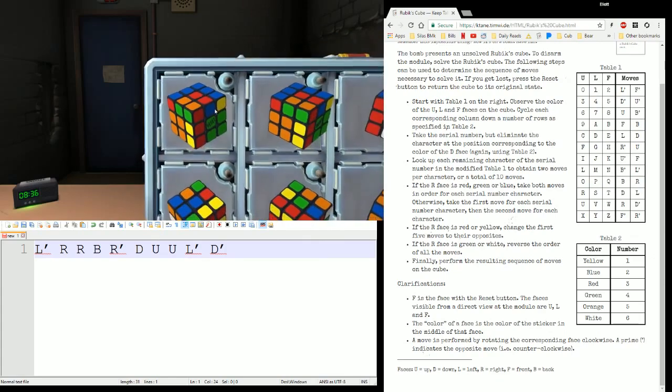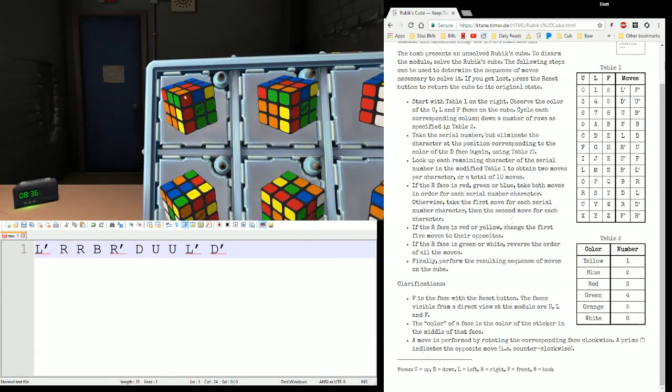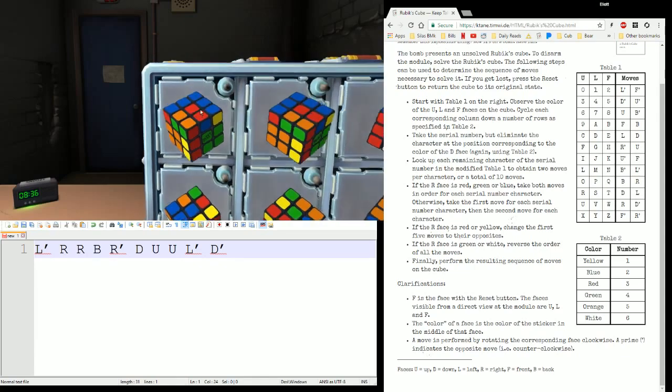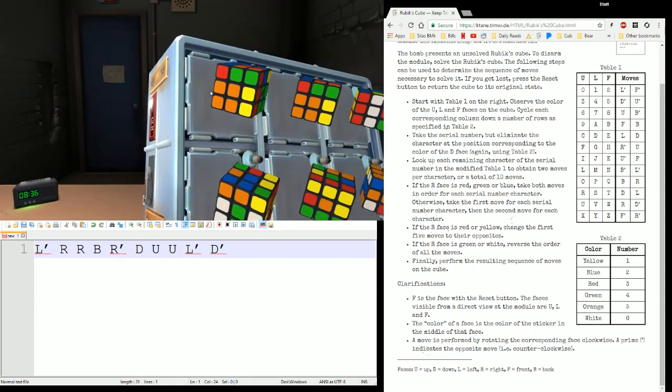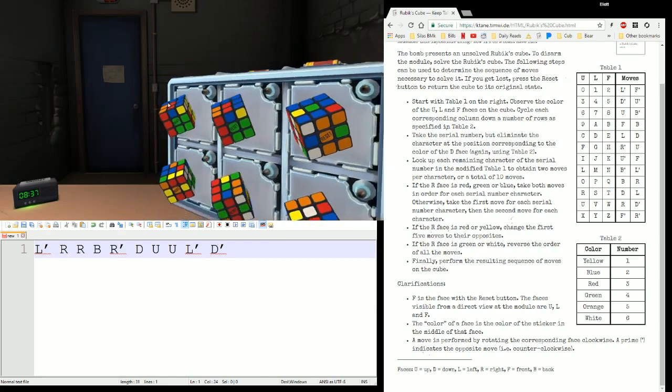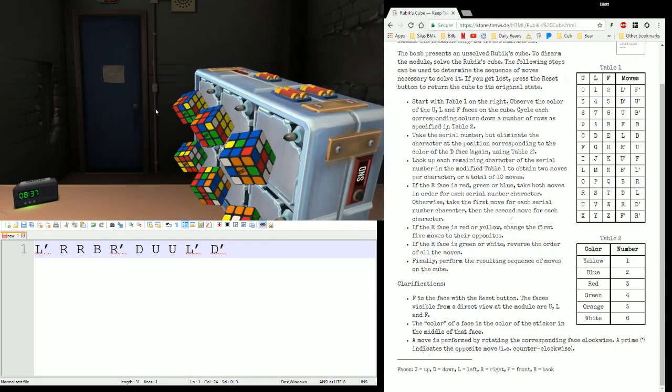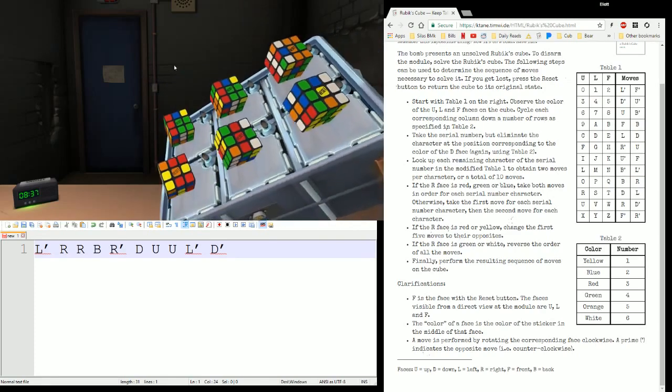So kind of in reading order. Up, left, front, right, down. So if I was giving this to my expert, I would say, okay, I've got a Rubik's Cube. My colors are red, orange, green, yellow. Remember, we're looking at the center one. Yellow, white.